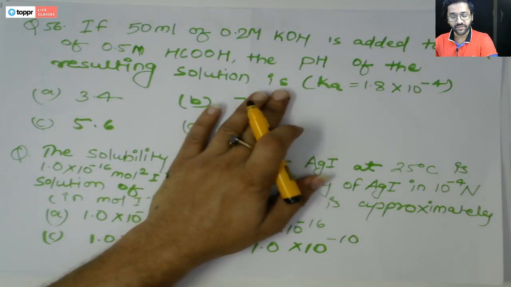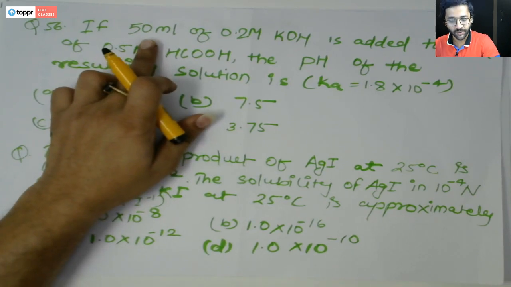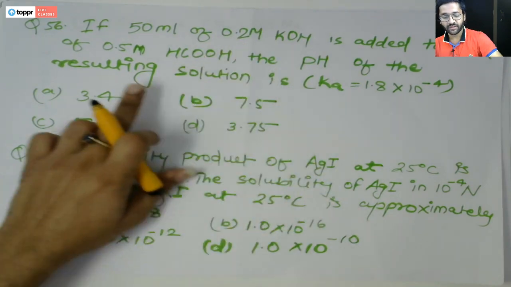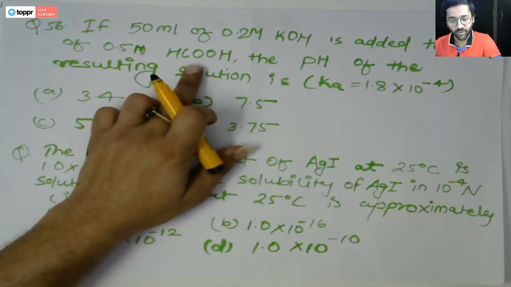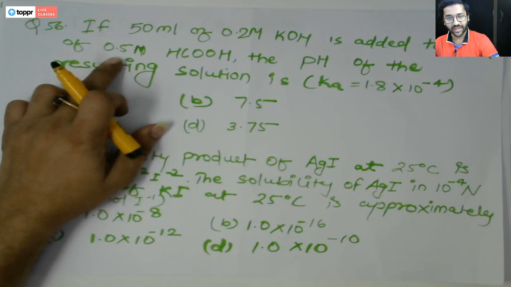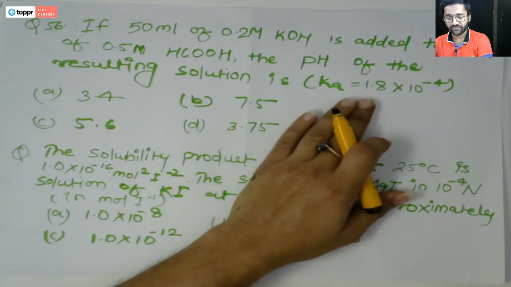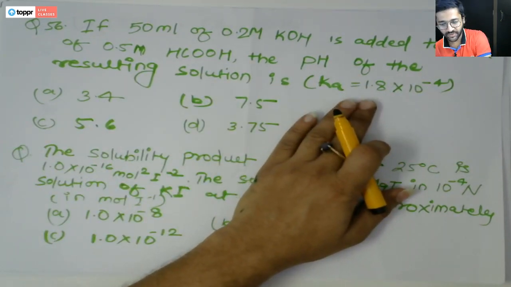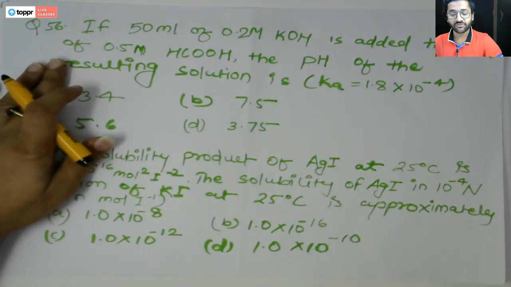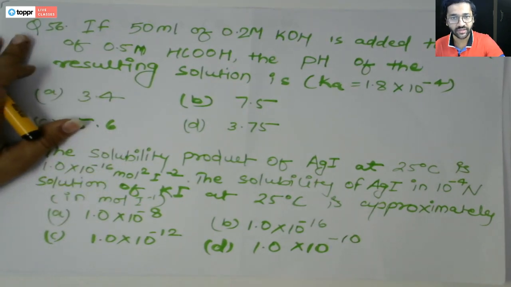So what we are given here is KOH, 50 ml volume and 0.2 M concentration, together with formic acid HCOOH, 0.5 M concentration in 40 ml solution, and the Ka of HCOOH, the formic acid, is 1.8 times 10 raised to power minus 4. These kinds of questions are also important from the exam point of view. Let us understand how to solve them.